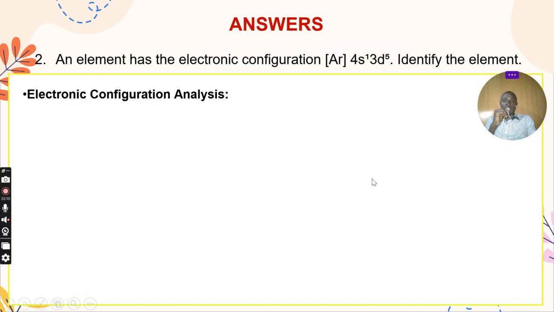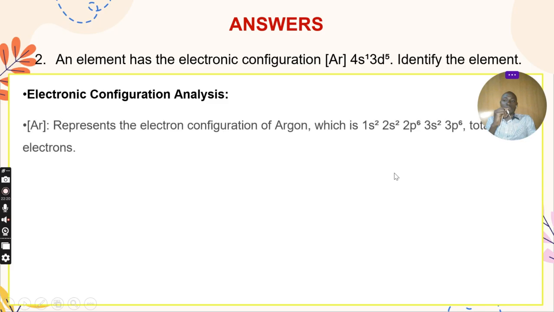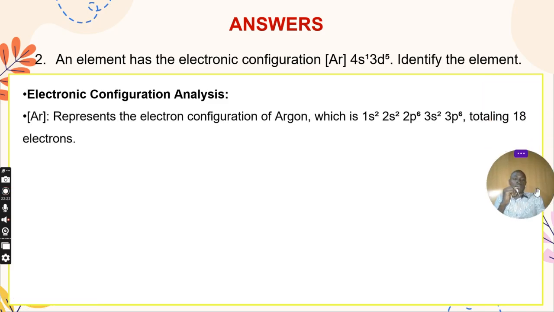Okay, an element has an electronic configuration of [Ar] 4s1 3d5. Identify the element. So how do we identify the element? Whenever you see electronic configuration written like this, Ar in brackets means that this is the electronic configuration of argon.